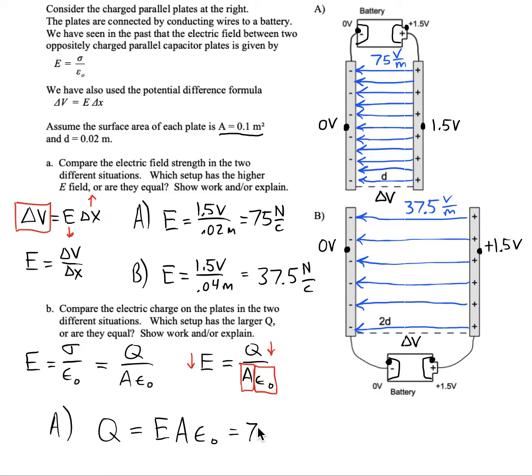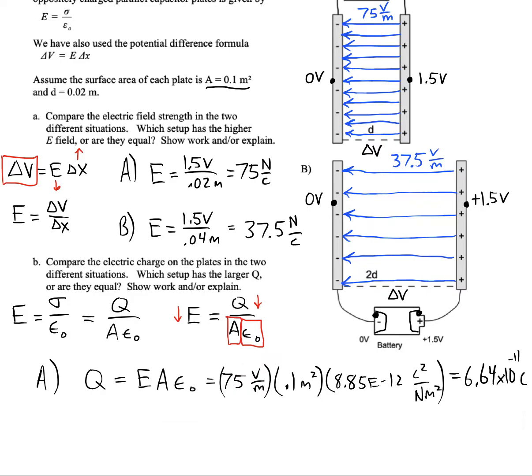So for A, it would be 75 volts per meter times the surface area of a plate times our epsilon naught. All right, so I got 6.64 times 10 to the minus 11 coulombs for setup A.